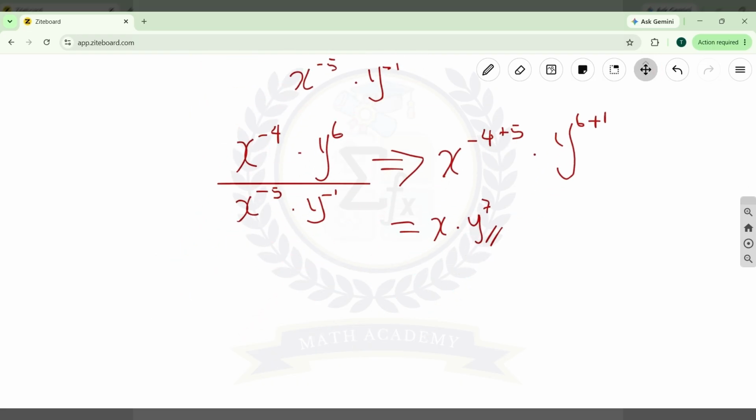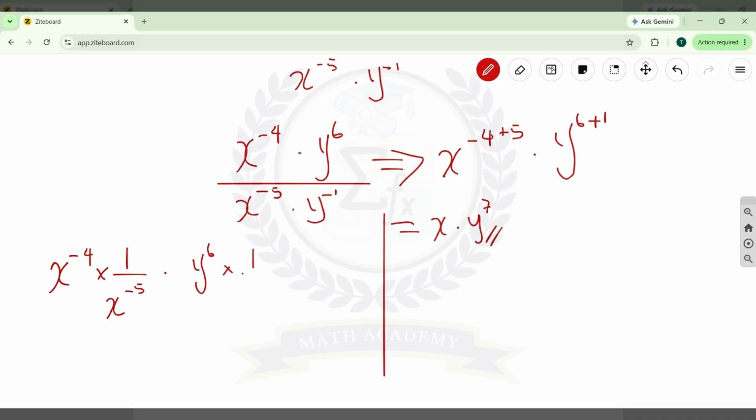Either way, we can also do this way by saying that I can just explain this x to the power of -4 multiplied by 1 over x to the power of -5 multiplied by y to the power of 6 multiplied by 1 over y to the power of -1.